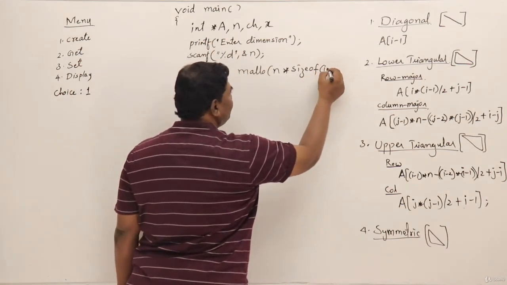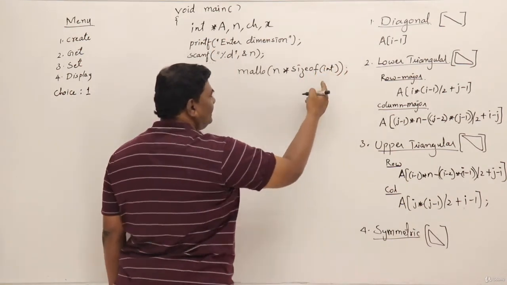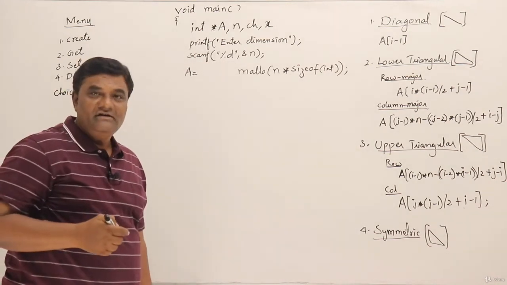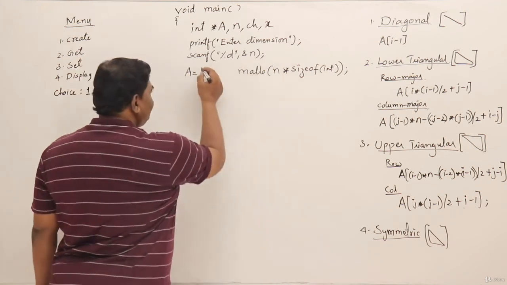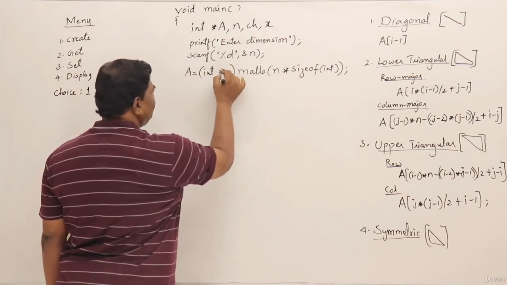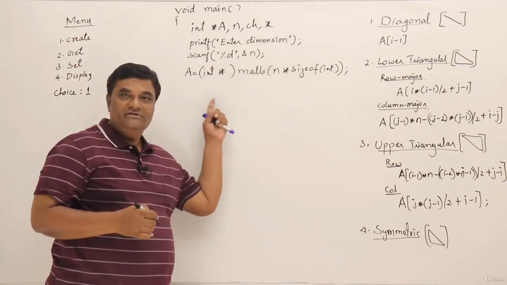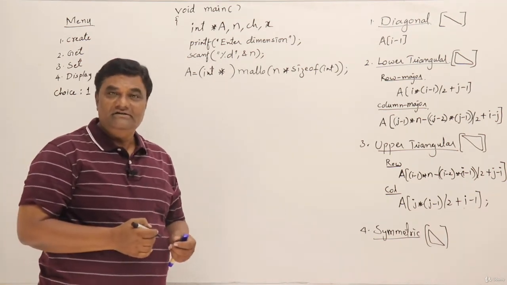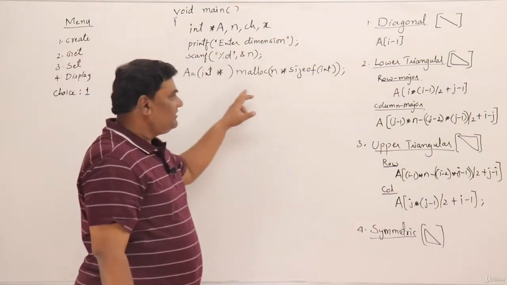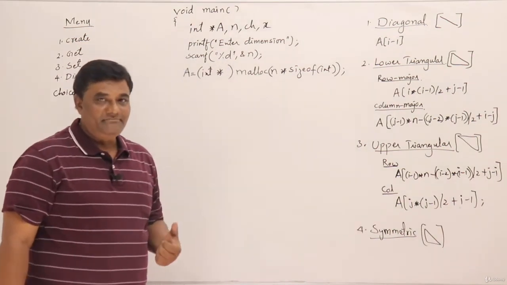This may be a 2-byte integer or 4-byte integer, whatever the size of an integer is, that size is taken. And I should typecast the pointer to type int. So this will create an array in heap of size n. Using malloc, we can allocate memory in a heap.